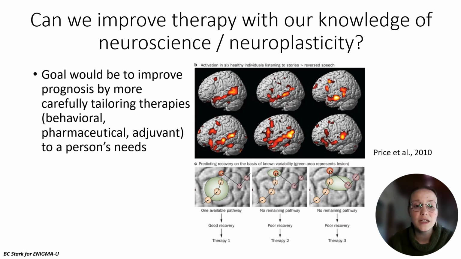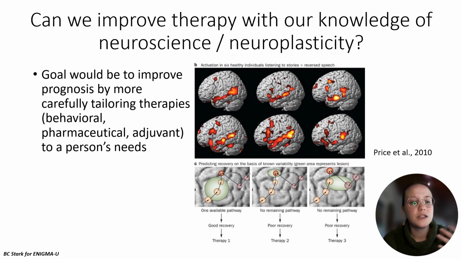If we can understand who, at a level of the brain and a level of behavior, would best respond to a certain type of behavioral therapy, or best respond to a certain type of drug, or adjuvant therapy like transcranial direct current stimulation, if we can figure that out by studying the neuroscience of recovery, we would be able to hopefully tailor therapy for that person and improve prognosis, meaning we could improve the extent to which someone may ultimately be able to recover. And right now, the prognosis for aphasia just does not exist.